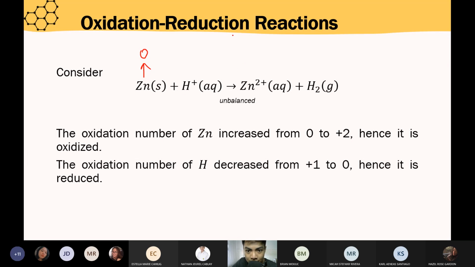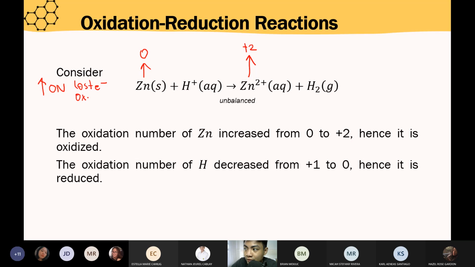Look at the right side of the equation. Ano nangyari? Naging positive 2 yung oxidation number niya. Again, this is rule number 2. Monoatomic ion, yung kanyang oxidation number ay yung charge na mismo. So, positive 2. So what happened to zinc? From 0, naging positive 2 siya. Nag-increase ang oxidation number. Ano sabi ko kanina? When there is an increase in oxidation number, ibig sabihin, it lost electron.